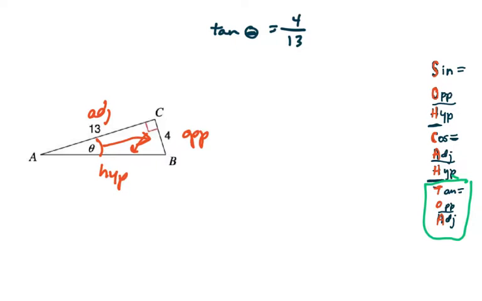And so, just like on the last problem, to get rid of tangent, we need to bring in tan negative 1. Cancels here. Theta equals, so on my phone calculator, I'm going to do 4 divided by 13 equals, and then hit the tan negative 1 button. And I get 17.1 degrees. And that's it. That's the answer.